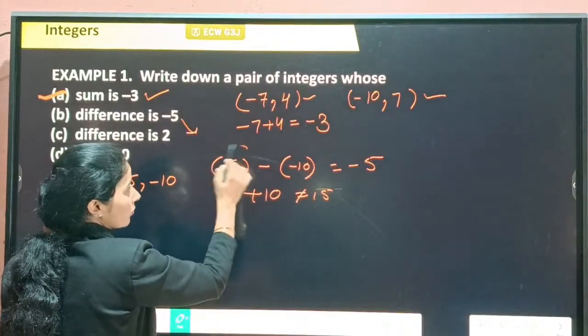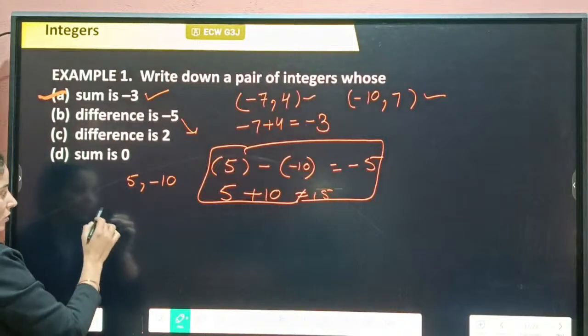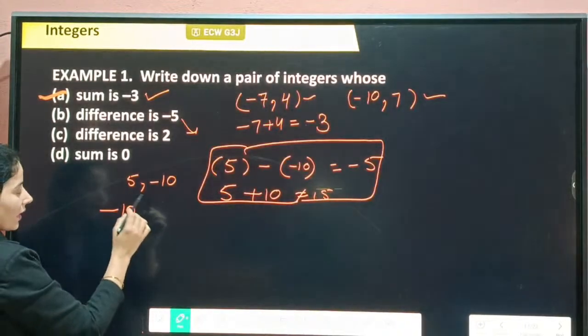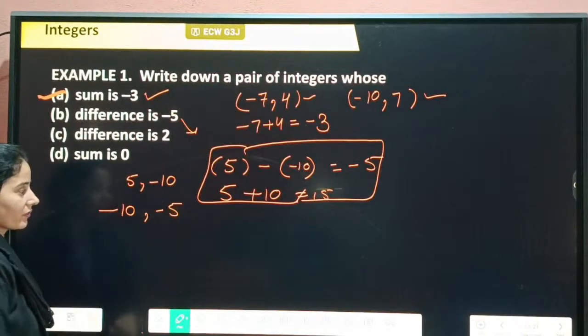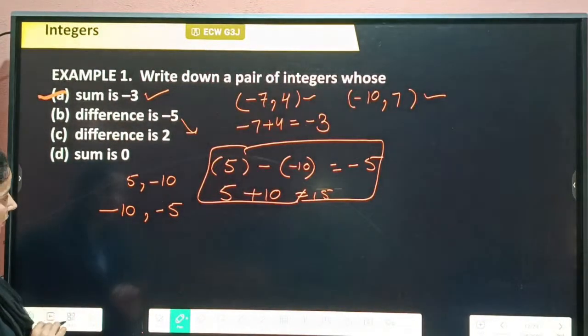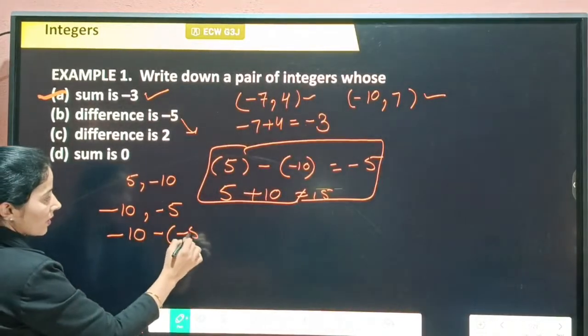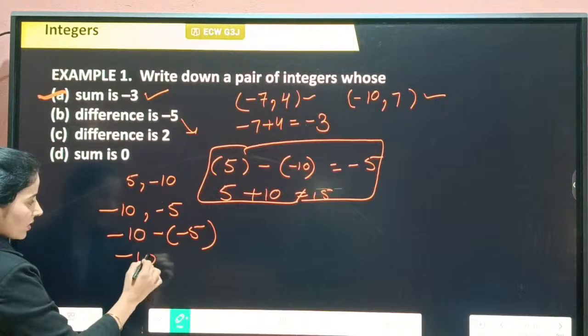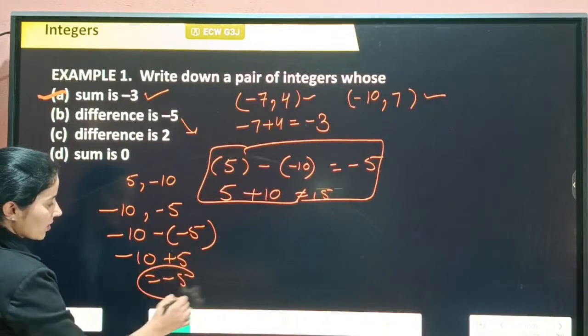So what should we consider now? Minus 10 and minus 5 you can take and subtract: minus 10 minus minus 5 becomes plus, answer is minus 5.